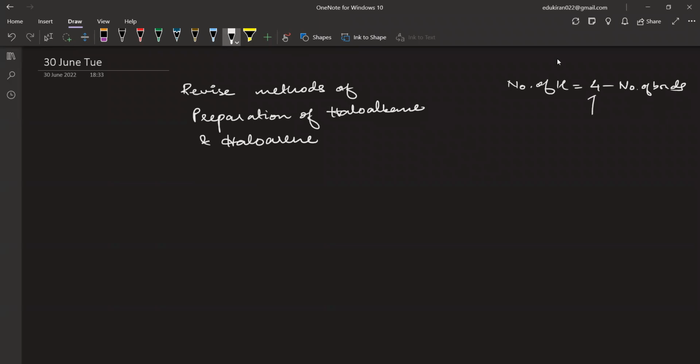So do you understand why this 4 is here? What is the meaning of 4, and why not any other number? Don't remember? Not sure. I don't know.